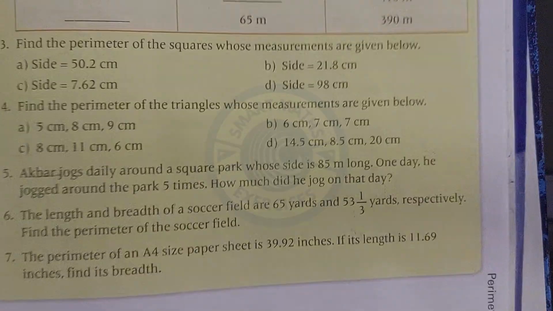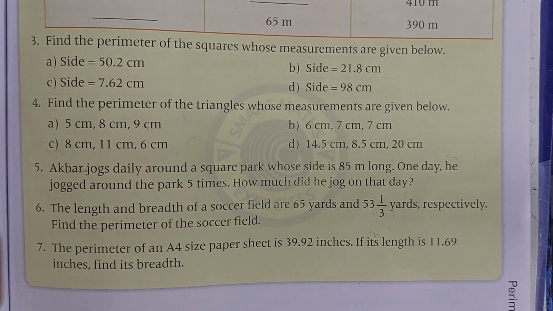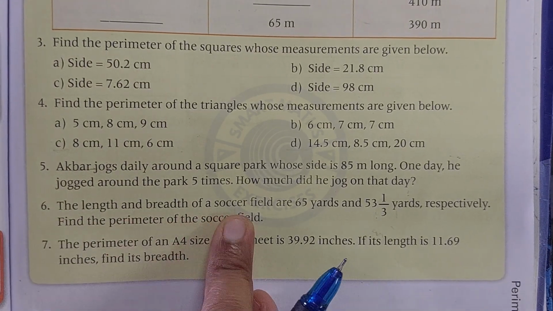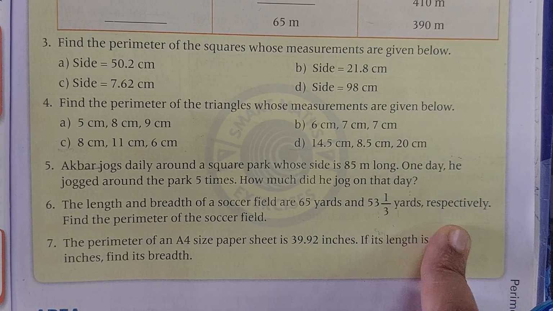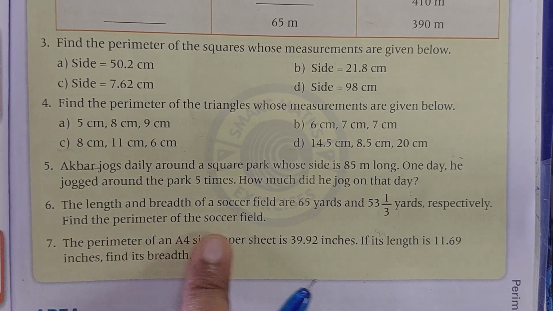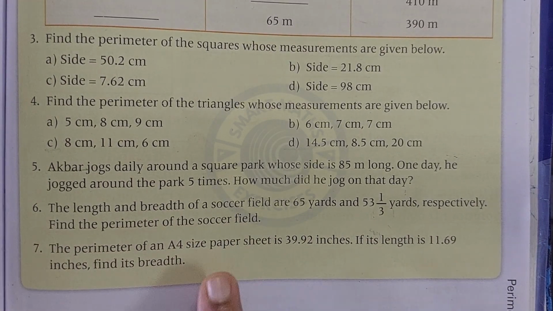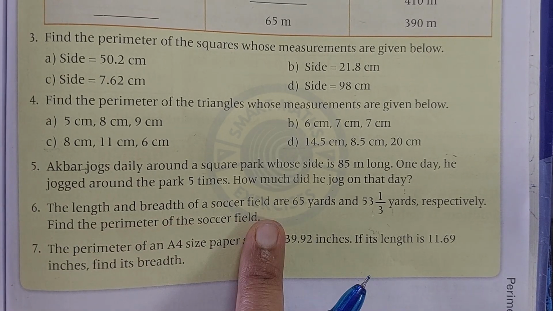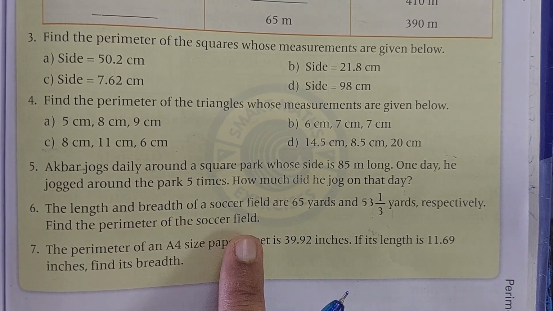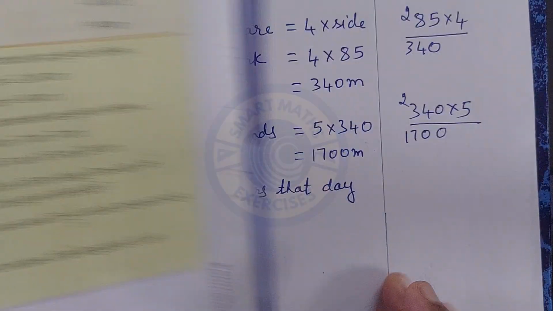Next question. The length and breadth of a soccer field are 65 yards and 53 1/3 yards respectively. Find the perimeter of the soccer field. Here they've given length and breadth and soccer field. Soccer field is rectangle. So we have to find out the perimeter of rectangle.